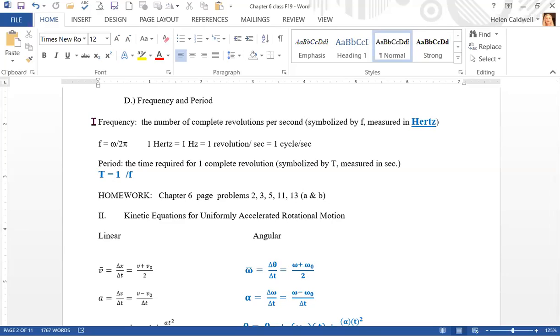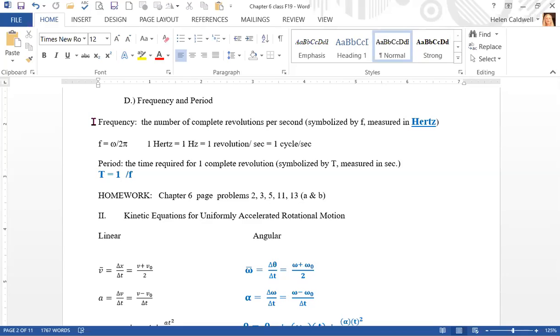When you end up back where you started, that's a complete revolution. Or if you're going around a circular track, once around is a complete revolution. Normally we symbolize frequency by a lowercase f. We will measure it in hertz, abbreviated capital H, little z. And it's the same thing as 1 revolution per second, which is the same thing as 1 cycle per second.